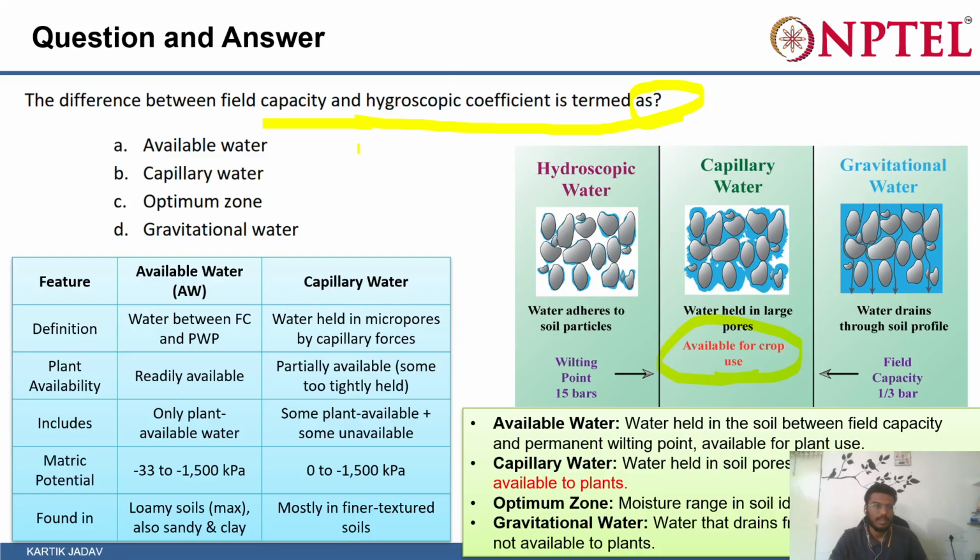So the difference between field capacity and hygroscopic coefficient is known as capillary water. So correct answer is option B.